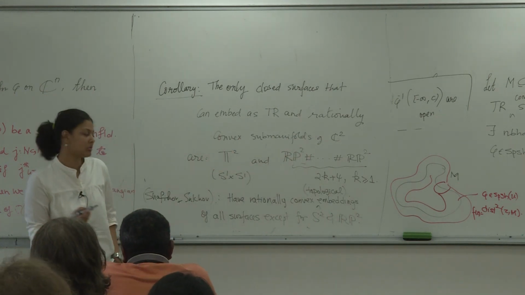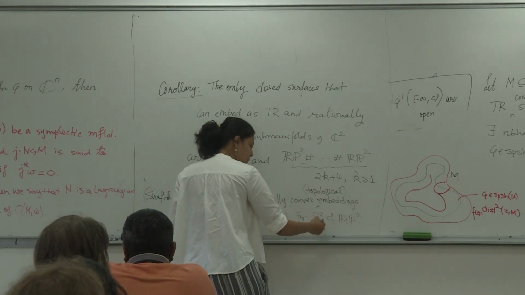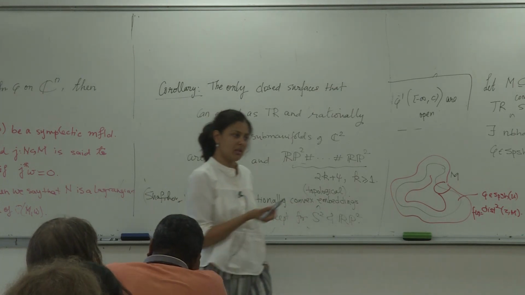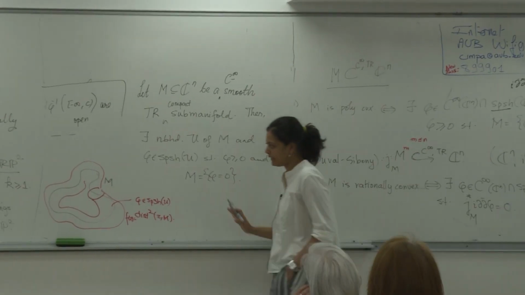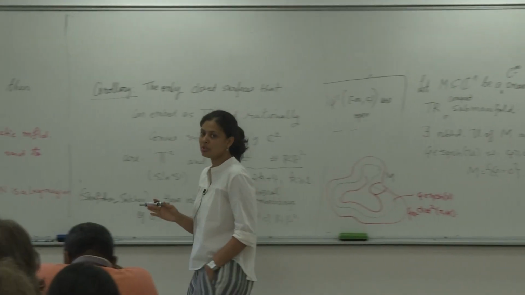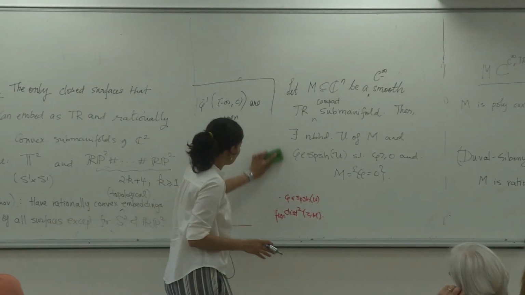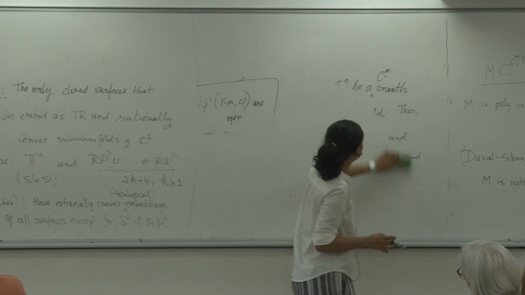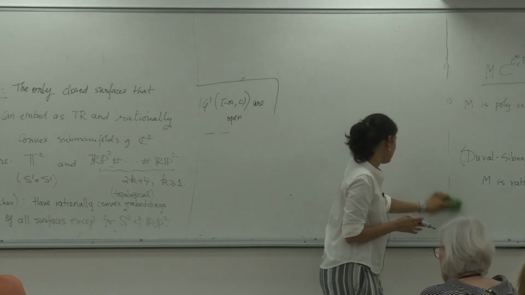We don't know, and this is one of the open questions that I put in the notes. We don't know if there's a way to embed, and you're allowed as bad an embedding as long as it's just homeomorphic to the image. It's totally fine. I just want the image to be rationally convex. I'll tell you why this would be of interest.